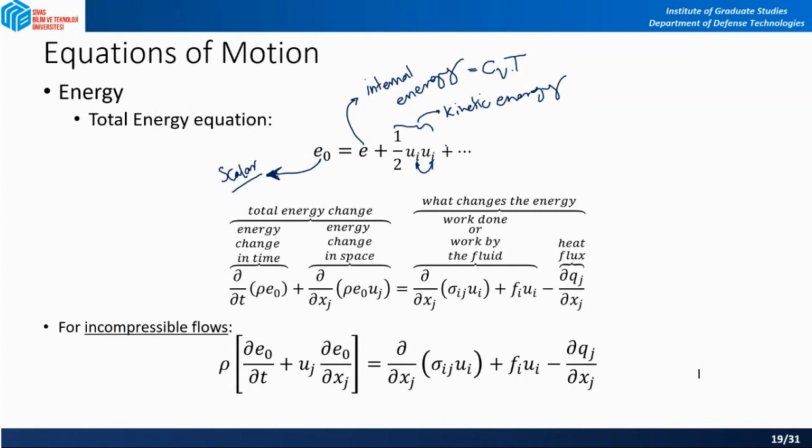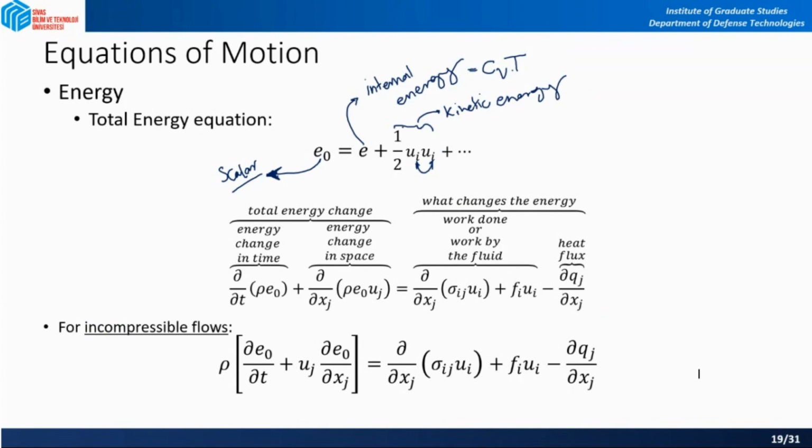The total energy should be conserved according to the first law of thermodynamics. Conservation of total energy level of the fluid says that the total energy can only be changed through heat transfer or work interaction.